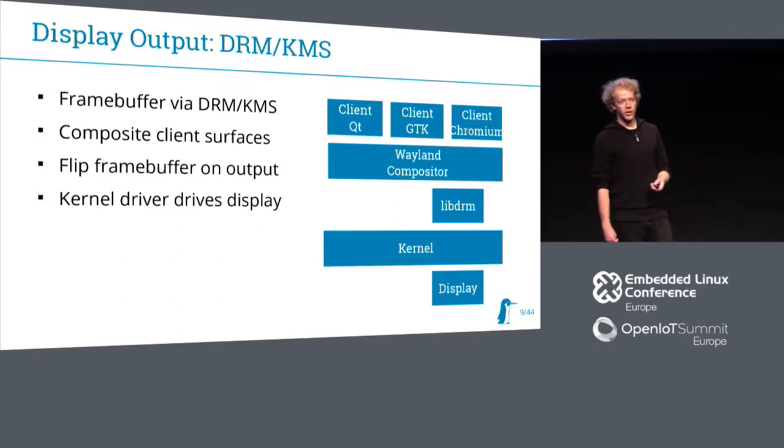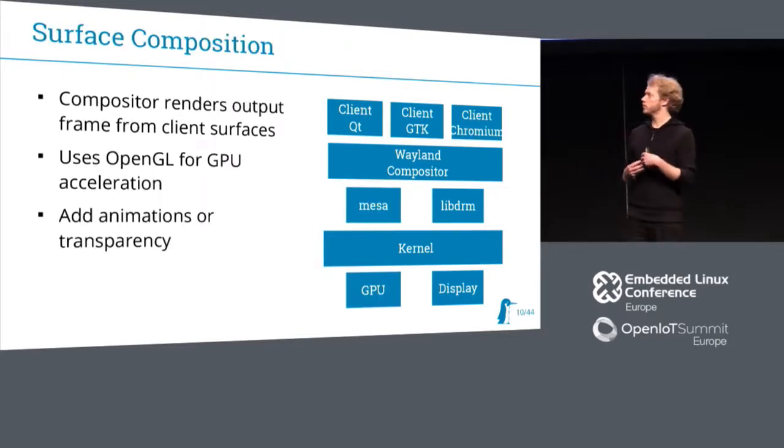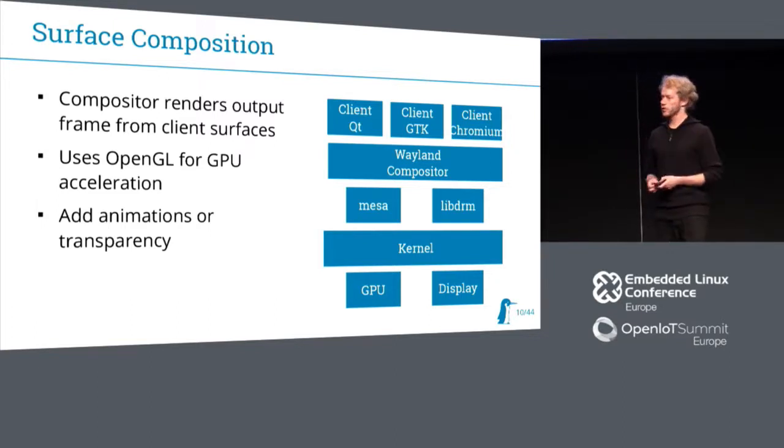Wayland uses OpenGL for compositing the different applications together. For that, it uses Mesa and some GPU driver and actual GPU hardware below that to make it really fast. It can also add animations and transparency, so your windows can pop in or burn if you close them.